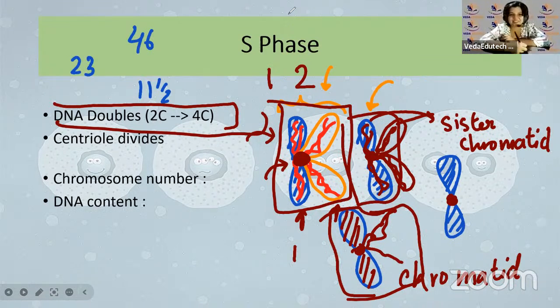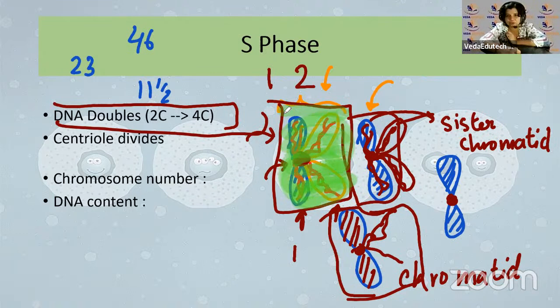Although this chromosome has double the amount of DNA of this chromosome, even then, it is still a single chromosome, right? It is a single chromosome.